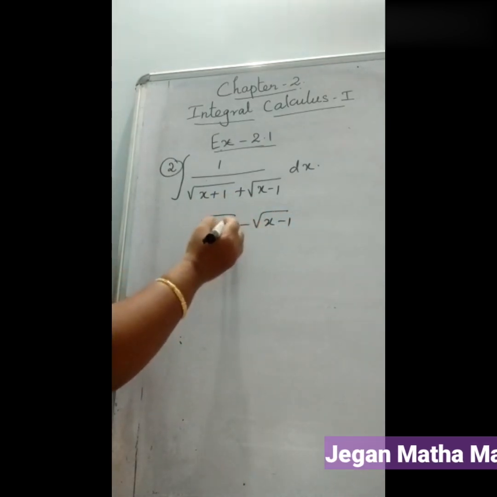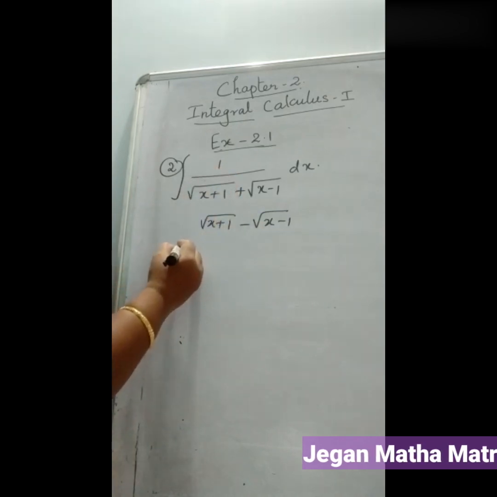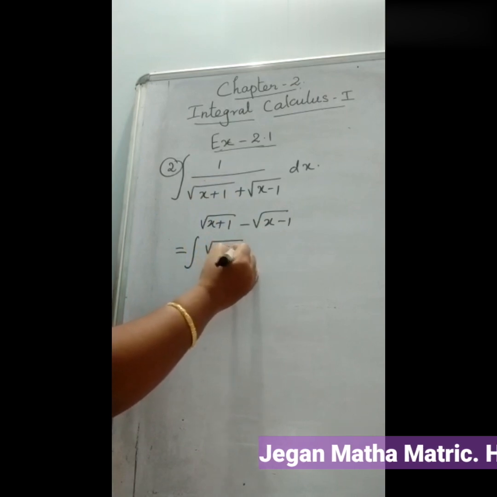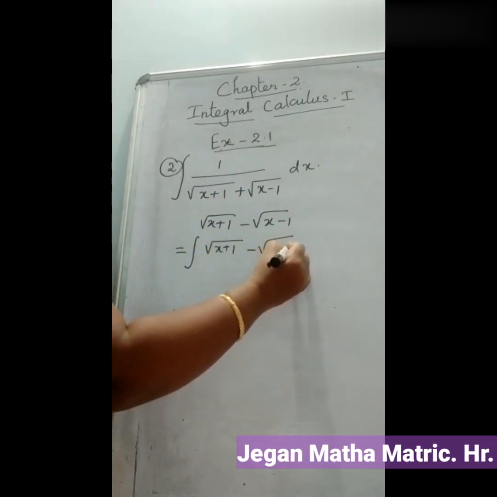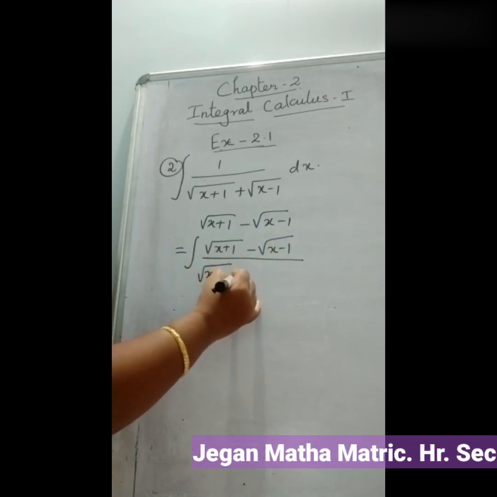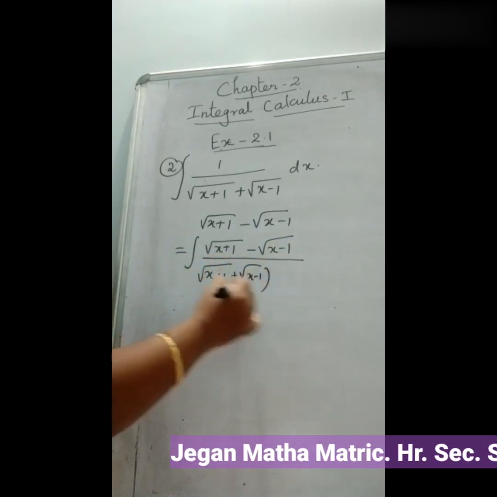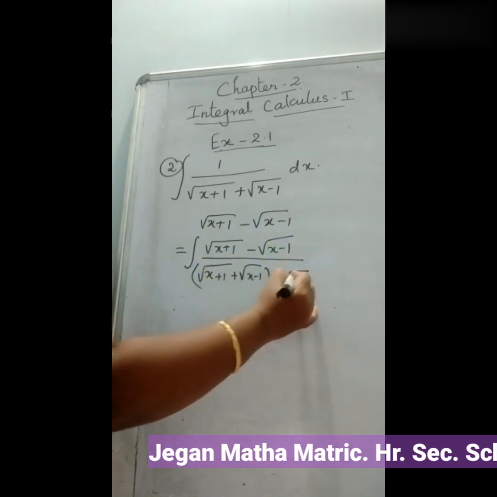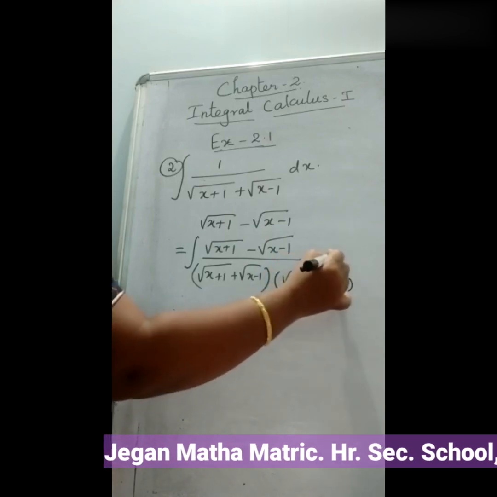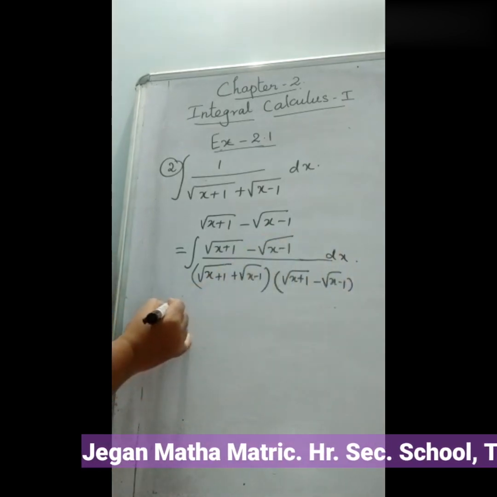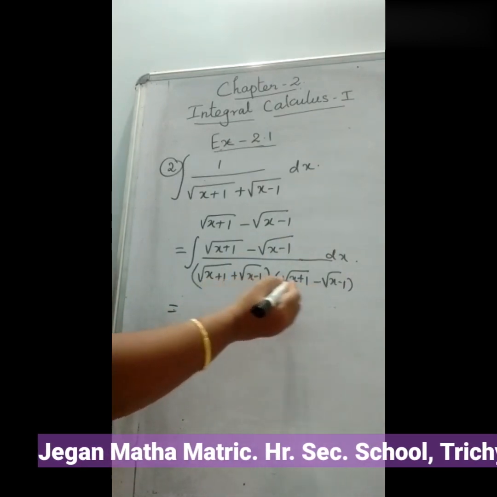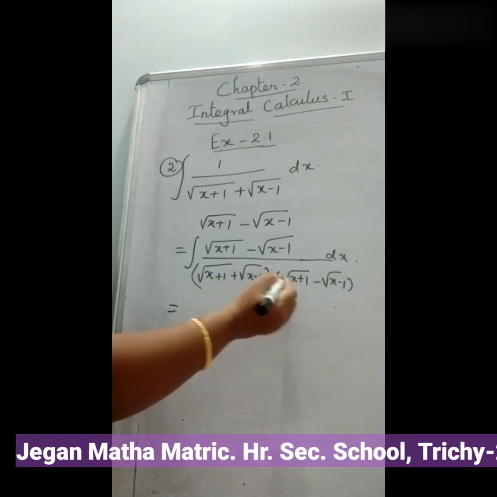You have to multiply and divide both numerator and denominator by it. We get the numerator root of (x+1) minus root of (x-1), and the denominator is the formula for (a+b)(a-b), so let us consider this as a² - b².